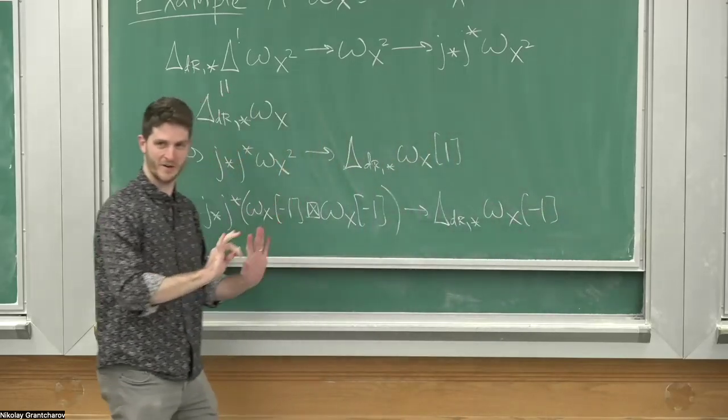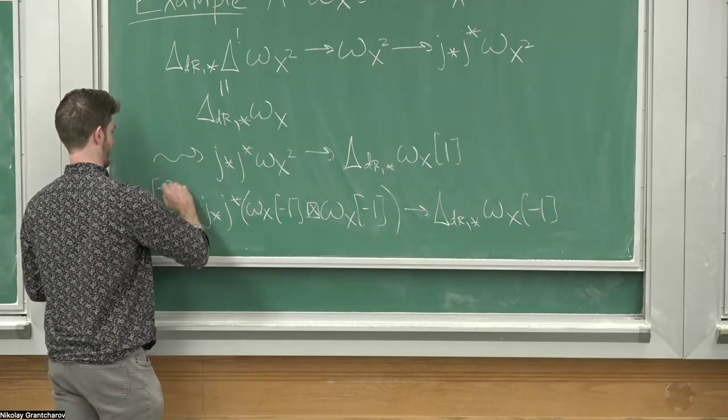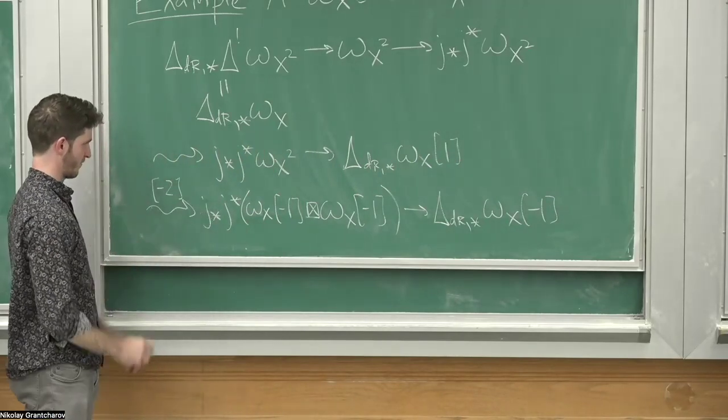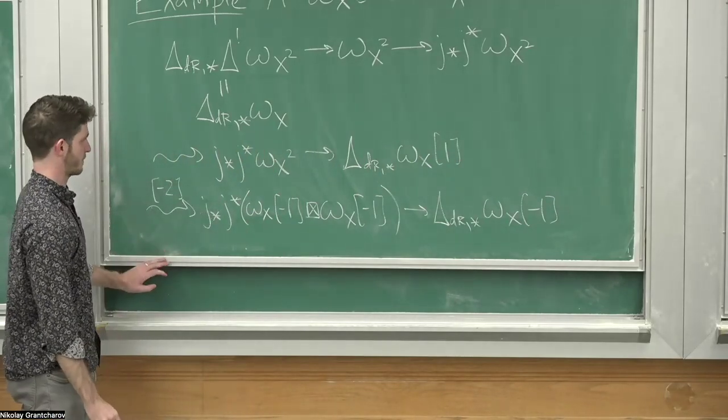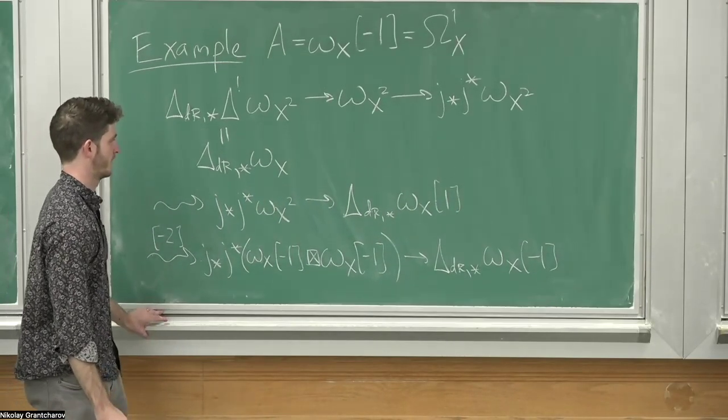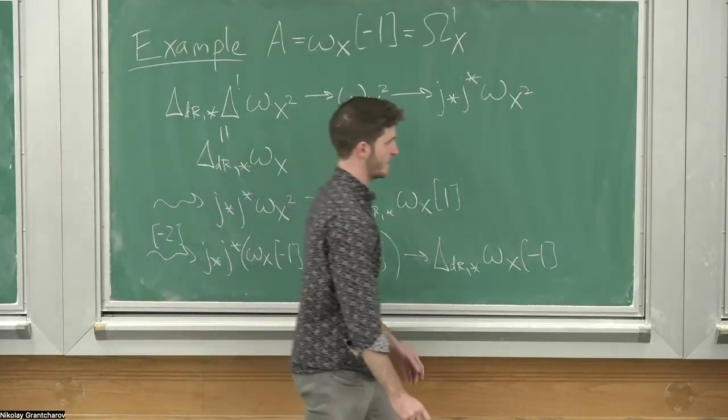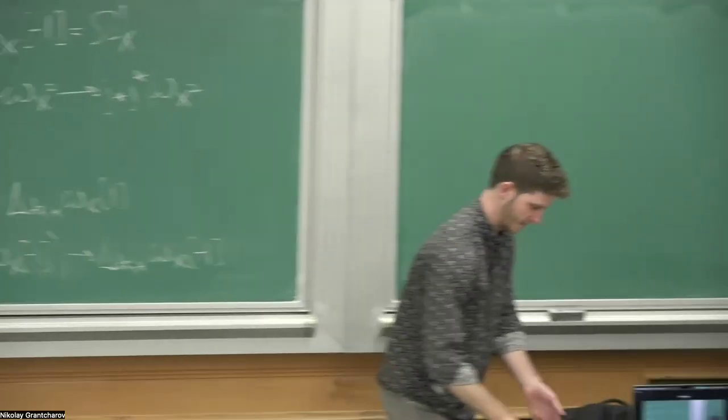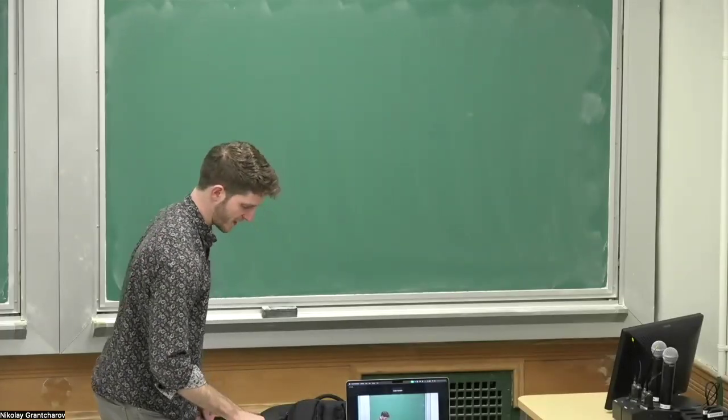Great, shifts work out. So we've gotten confused about this before. This works. And then from there, one has to check that it satisfies skew symmetry and the Jacobi identity.